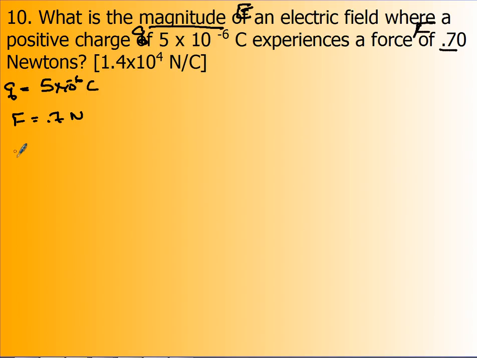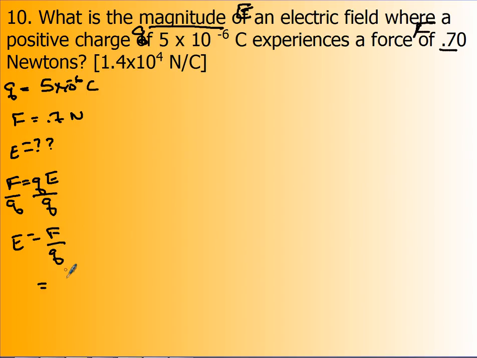I know I'm looking for E, the electric field. My equation is F equals QE. So I want E, so I'm going to divide both sides through by Q. So the electric field is going to be the force divided by the charge.